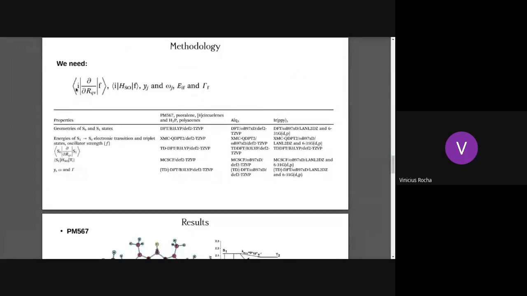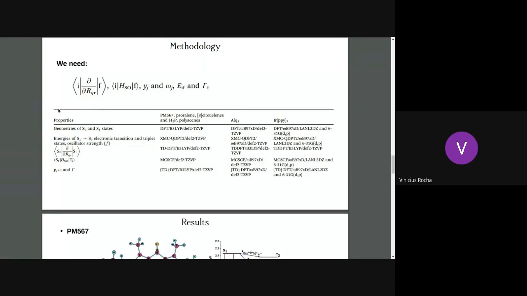So we need the matrix elements of the intersystem crossing and the internal conversion, the Huang-Rhys factors, the energy difference between the two states, the gamma, and the vibration frequencies of these molecules.